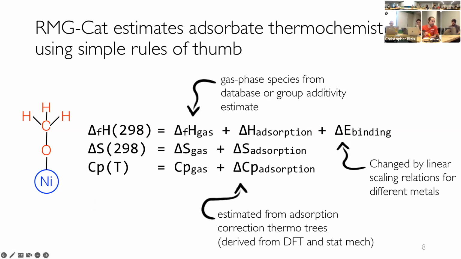For thermochemistry with these species, we have another added layer to our typical thermochemistry estimation using group additivity. For group additivity, you take the gas phase molecule and break it up into groups, and you attribute certain contributions to the entropy, Gibbs free energy, etc. For surface species, we have the initial gas phase species, which is from group additivity.